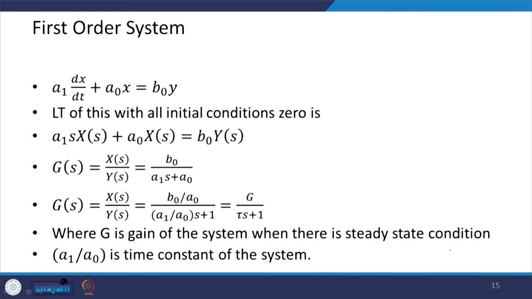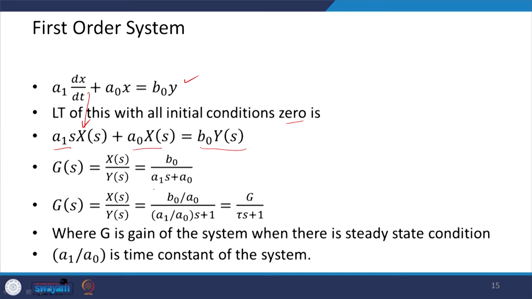So, now let us look at the first order system. This is the first order system as we have seen in the previous lecture. The Laplace transform for this with initial condition 0, I can simply write as a1 s X(s) plus a0 X(s) is equal to b0 Y(s).